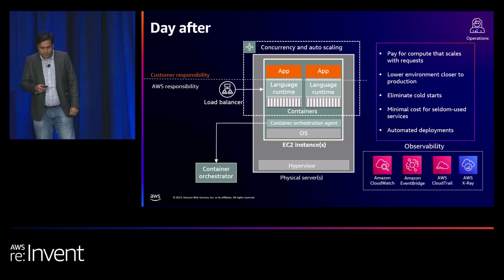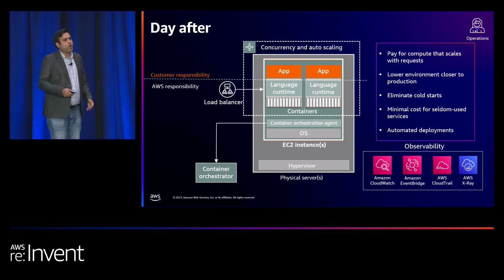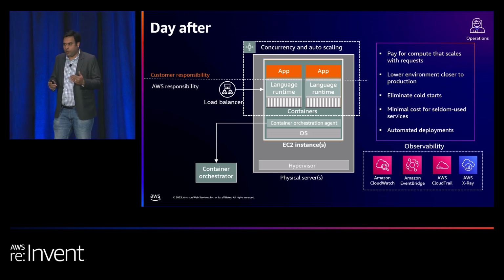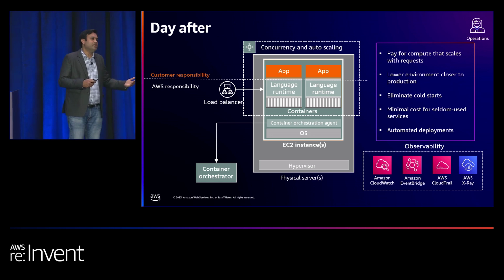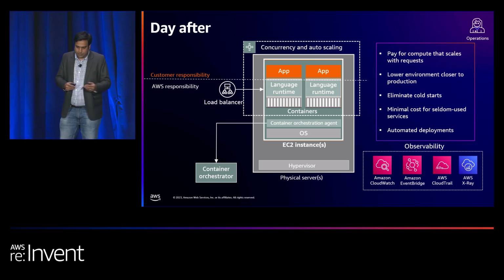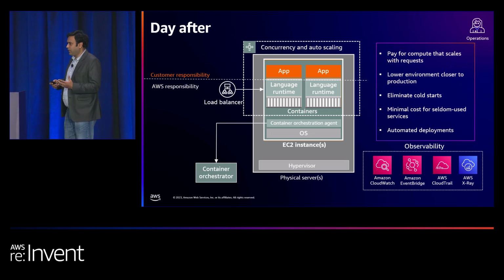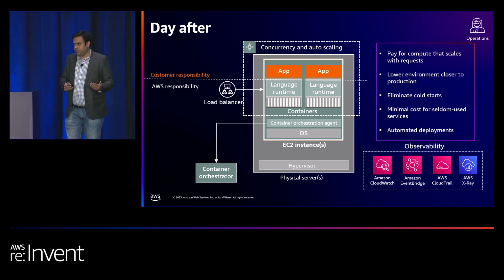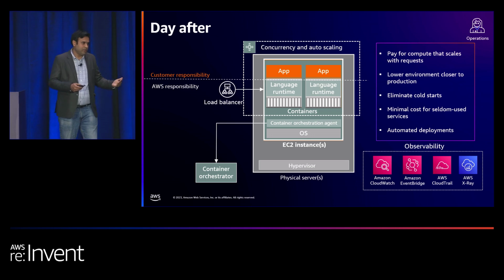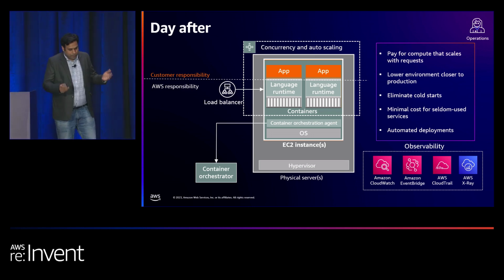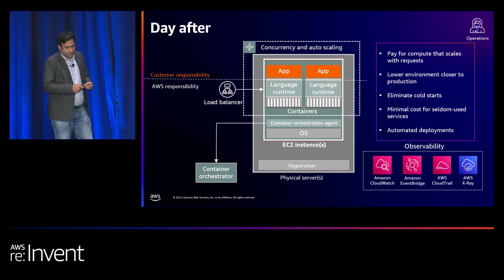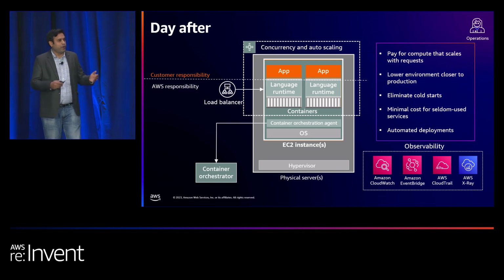App Runner monitors the number of concurrent requests that you receive, and if that threshold has been reached, it scales up a new instance of that application. You only pay for those specific scaled-up instances. As soon as the requests get reduced, the number of instances gets scaled down, and you don't pay for them. So you only pay for the compute that scales with your requests. Lower environment closer to the production.